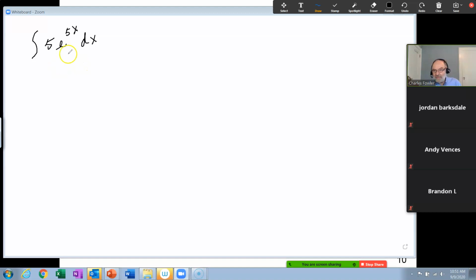Well, the most complicated part is the e. The innermost part of that is 5x. So let u equal 5x. Anytime you have a let, follow it with a then.